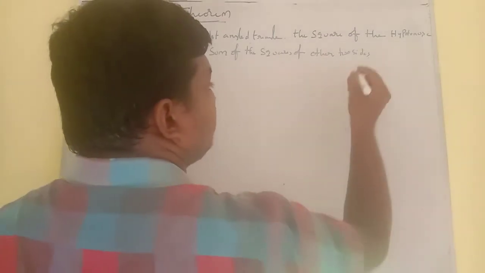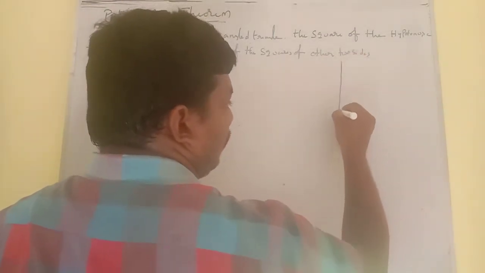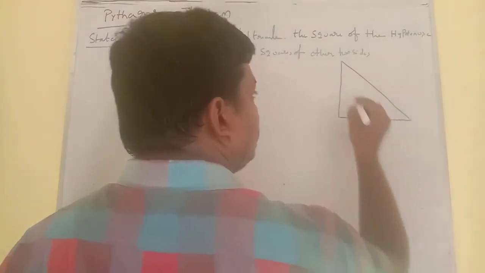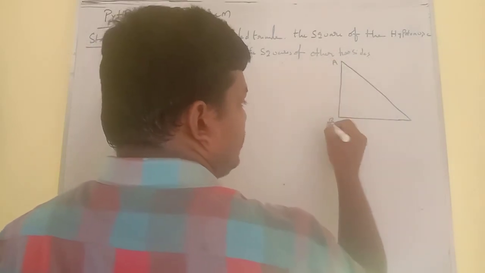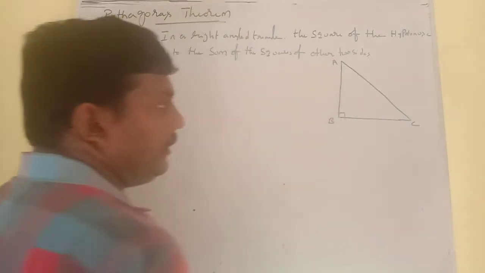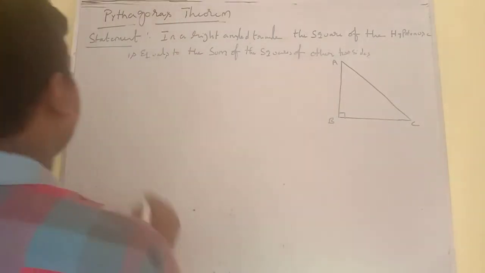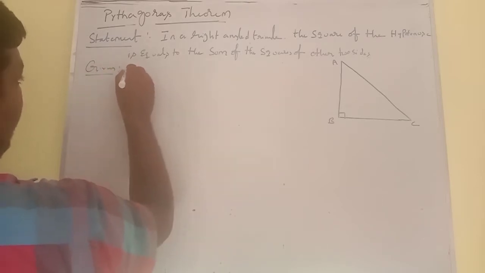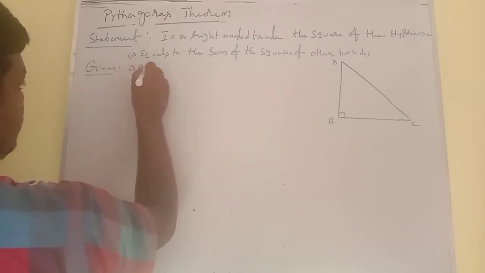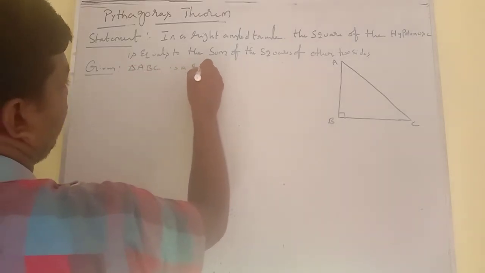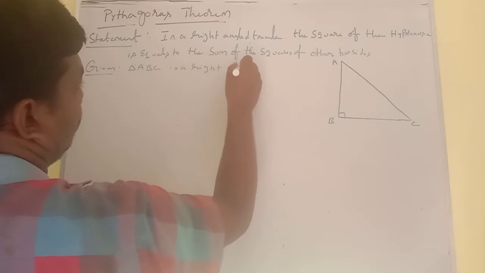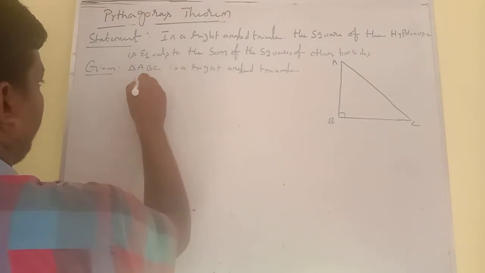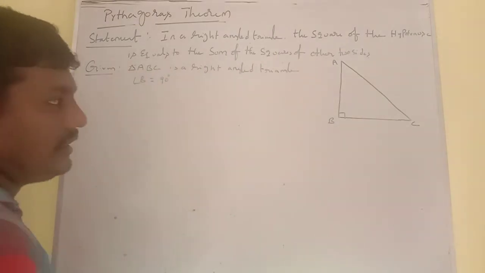Let me name it A, B, C. Given: triangle ABC is a right angle triangle, with right angle at B. Angle B is 90 degrees.